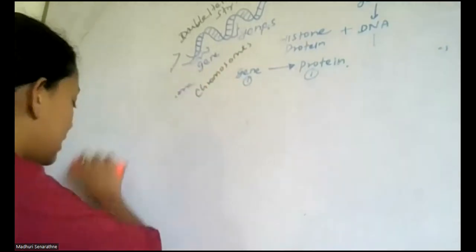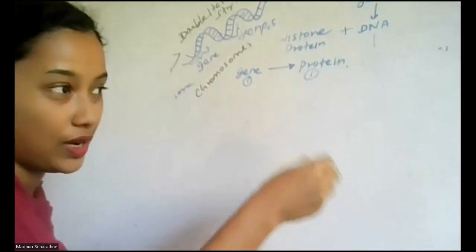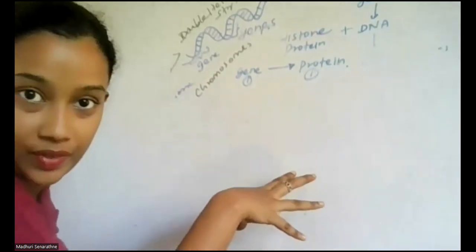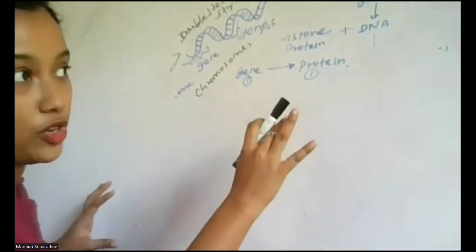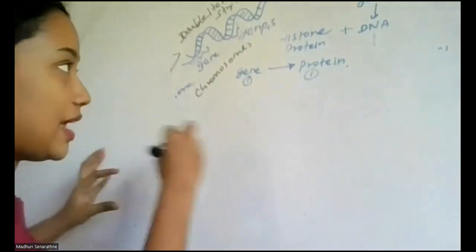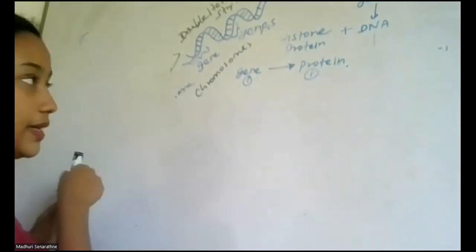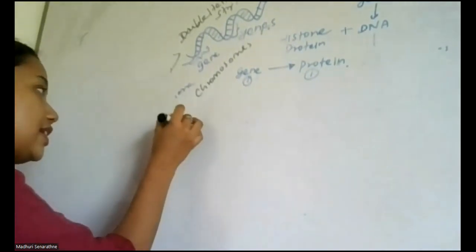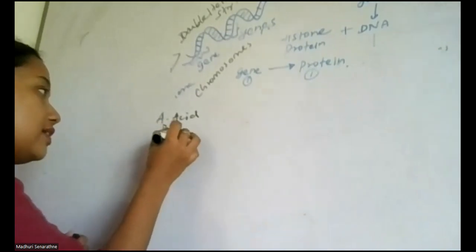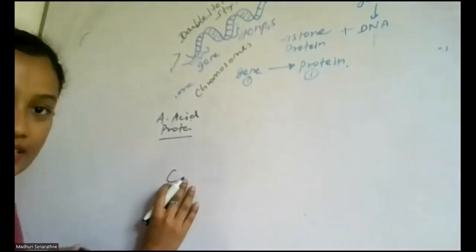I will teach only some simple points for now. It is a complex process. We have to explain it using two or more days. In proteins, we can see amino acids. There is a central carbon.